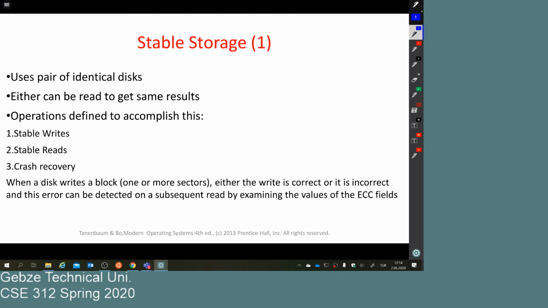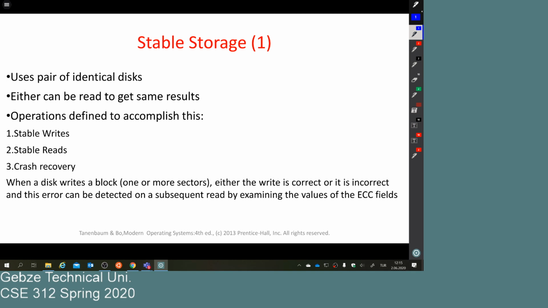Like RAID, it uses more than 1 disk. But the whole idea of using more than 1 disk is not because of the speed. It is because of the stability. Stability is different from redundancy. In RAID, I have more than 1 disk, and if one of the disks crashes, then I can recover my information.